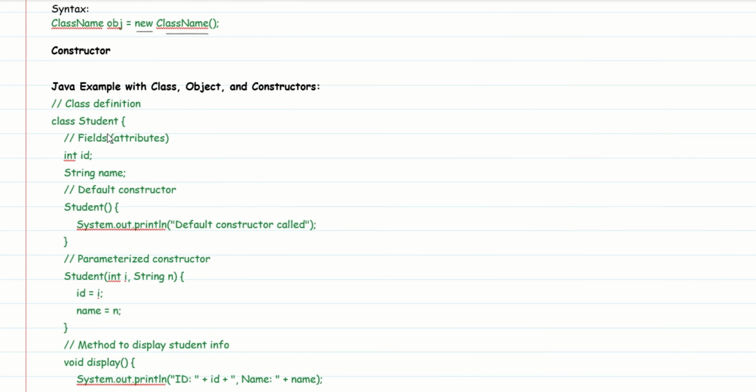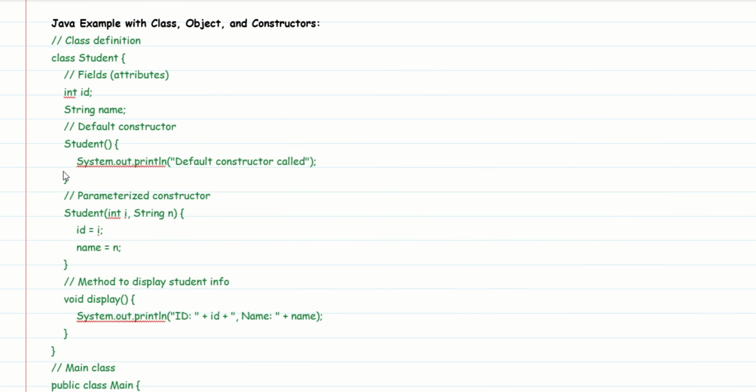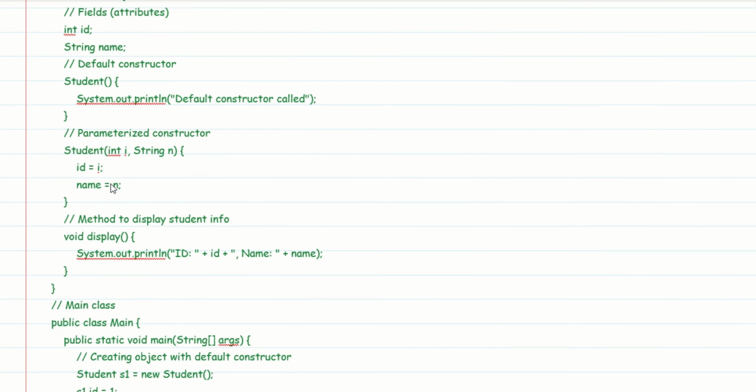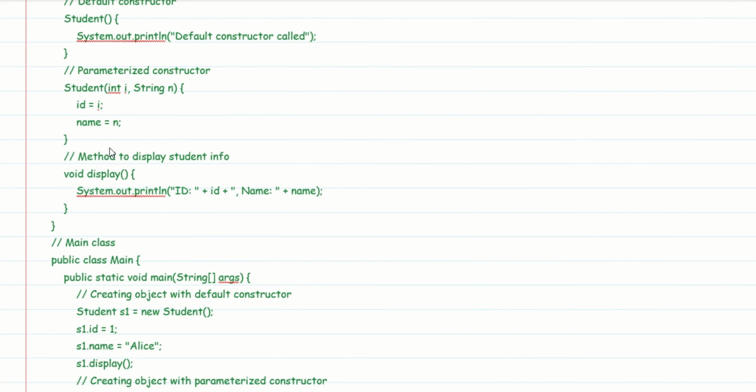I have a class called Student with fields id and name. I have a default constructor called Student, meaning the constructor name should be the same as the class name, and it has a statement which prints the message default constructor called. Then I have a parameterized constructor just to initialize the class parameters.